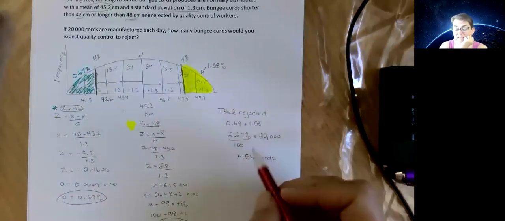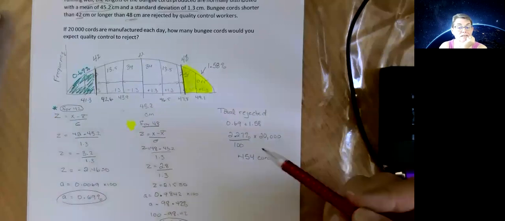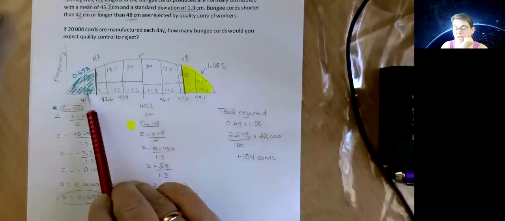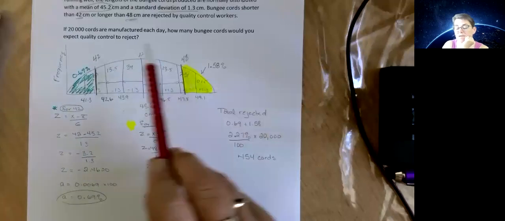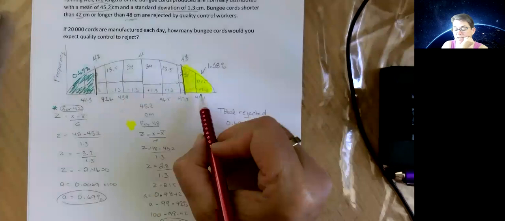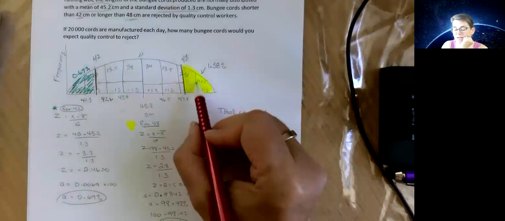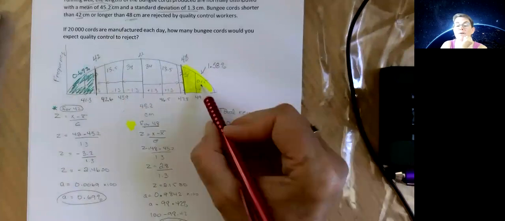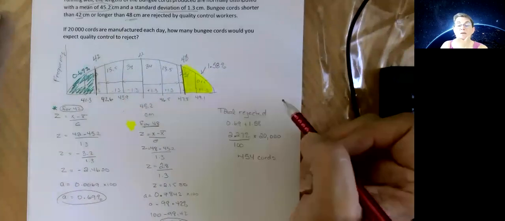Or maybe they need to widen their standards out a little bit more. Because it's 0.69 down here, it's 1.5 out here. So maybe if they change that to like 49 centimeters, an extra centimeter there, it would reduce that down to just a little over 0.15%.